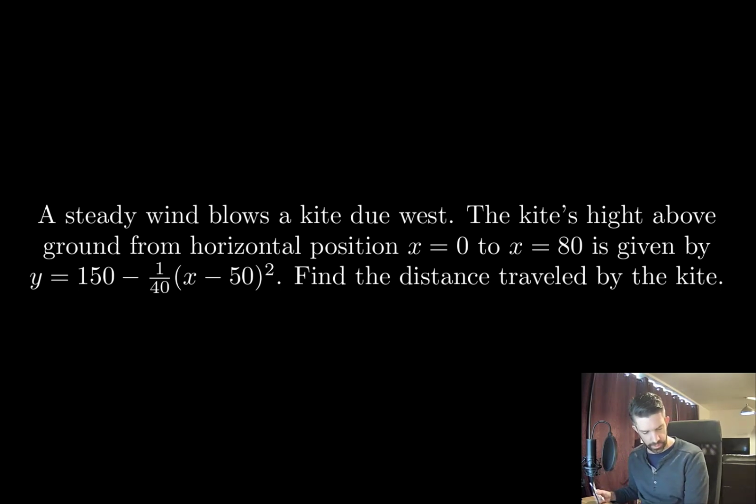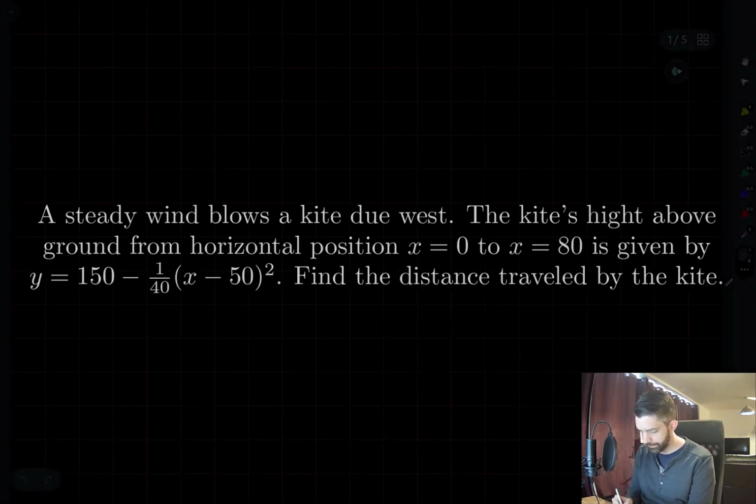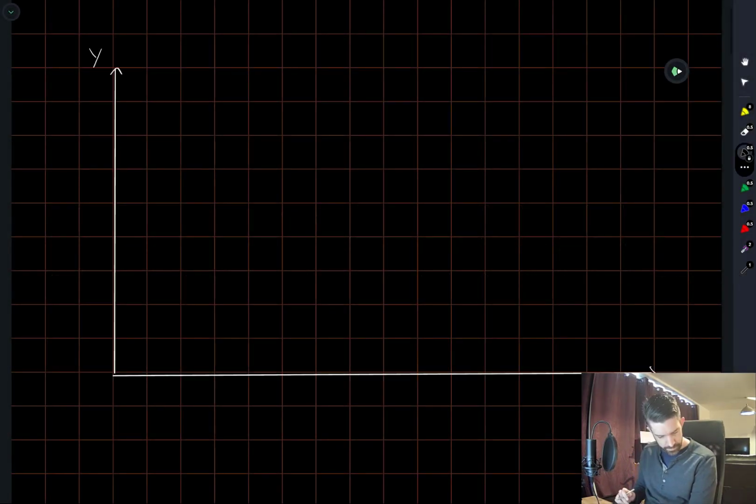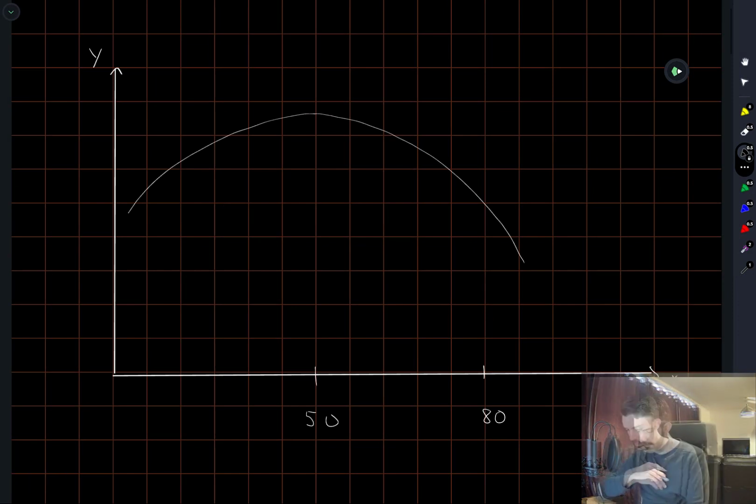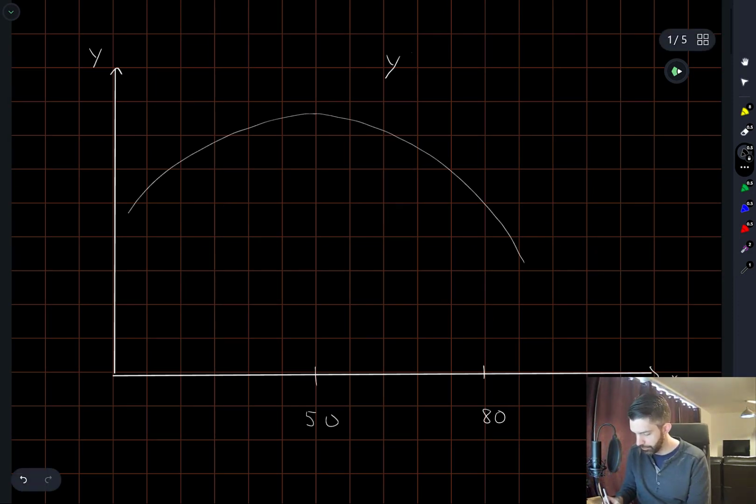So let's draw a little sketch first of what's going on. I'm not going to worry too much about the scale of things here, but the equation of the curve given is the following.